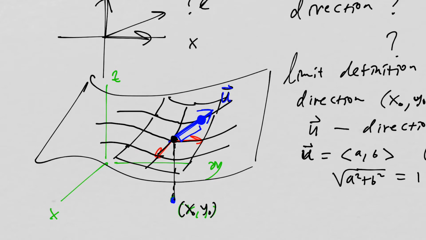So what I want to do is find the slope of this tangent line, or not a tangent line, I should really say the slope of this secant line on the surface.